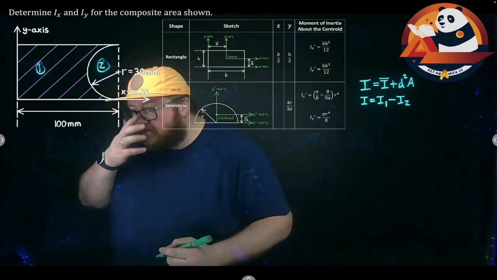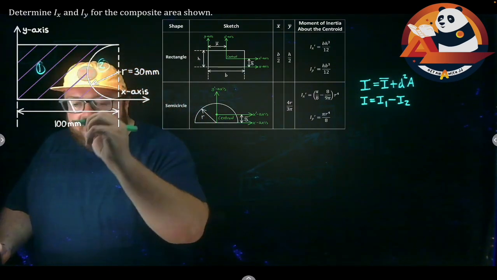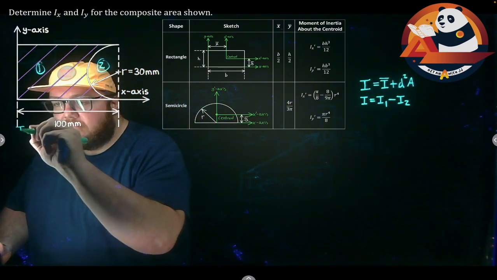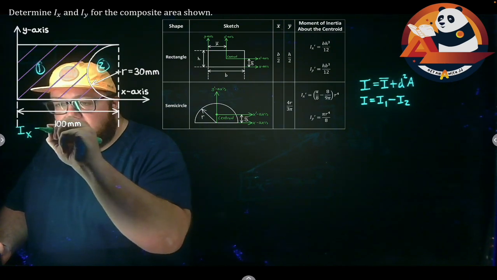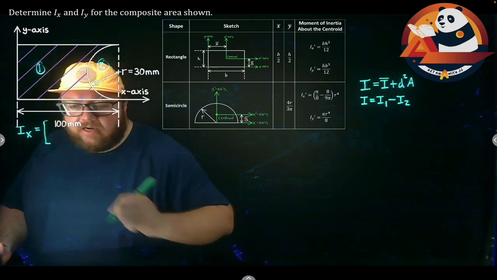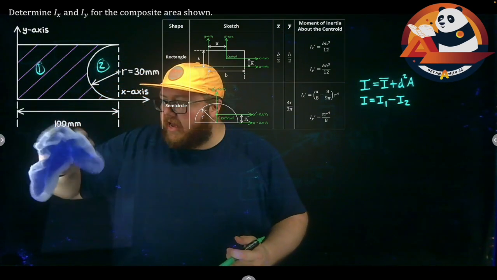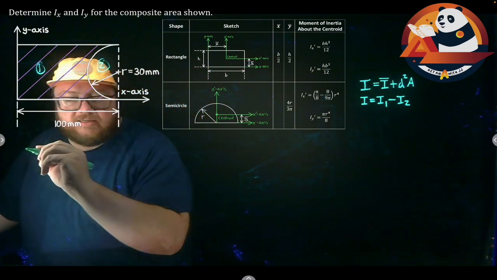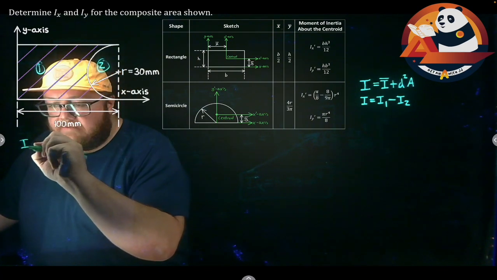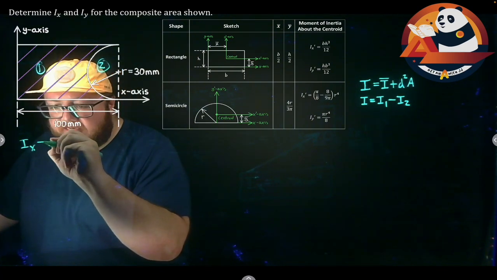For Ix, this would get me in one big equation. I need to move that down just a little bit. My Ix should be my Ix for the rectangle minus my Ix for the semicircle.